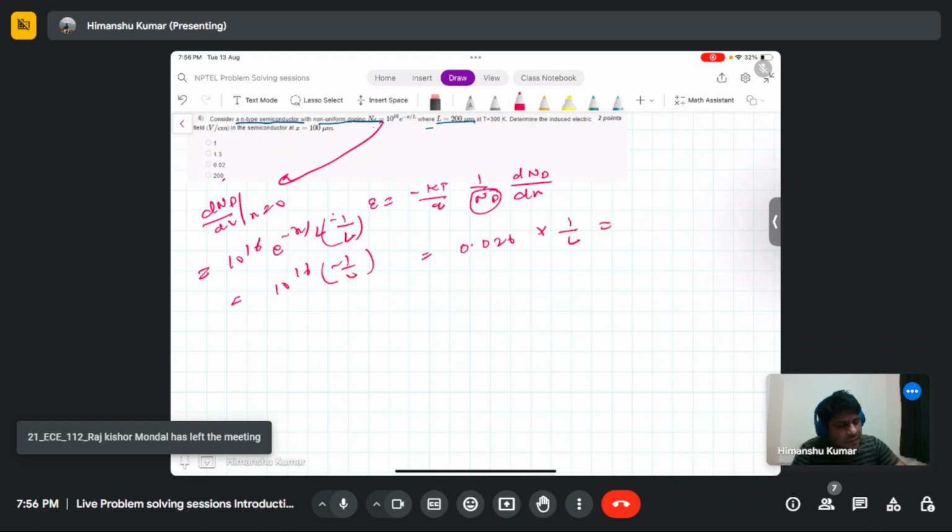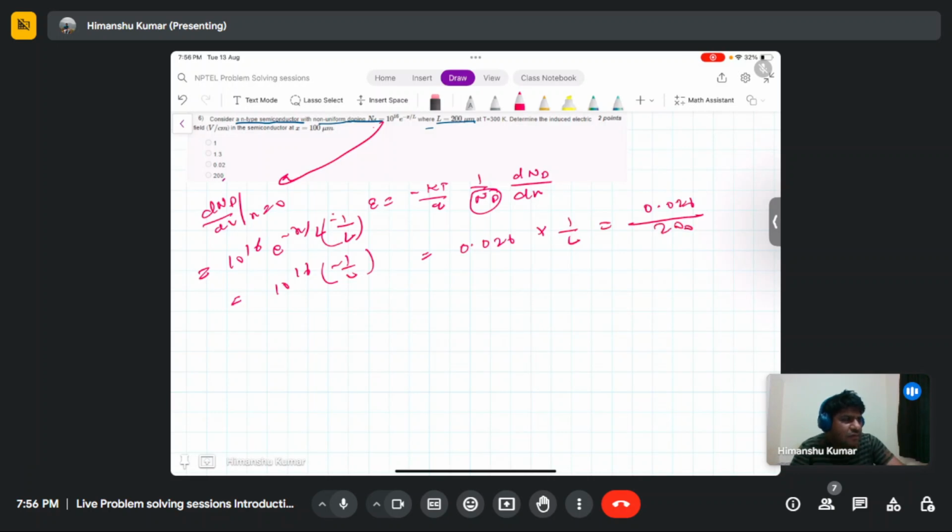which becomes 0.026 divided by 200 micron. kT by q is in volt, and the bottom unit is a dimension, so the value you will get is around 1.3 volt per centimeter.